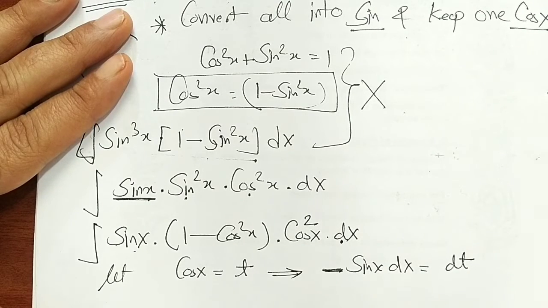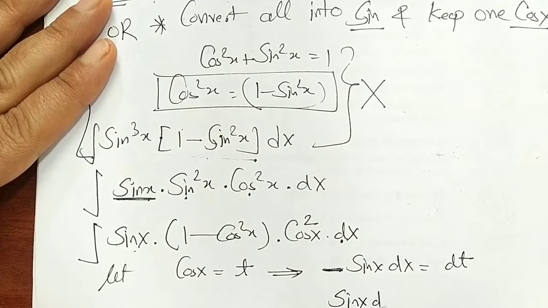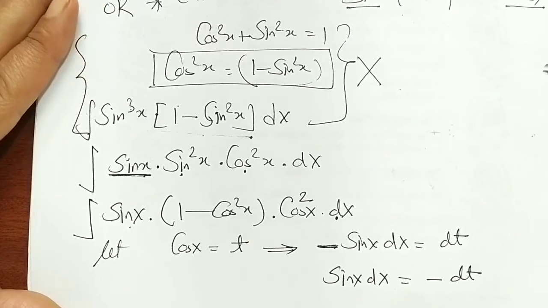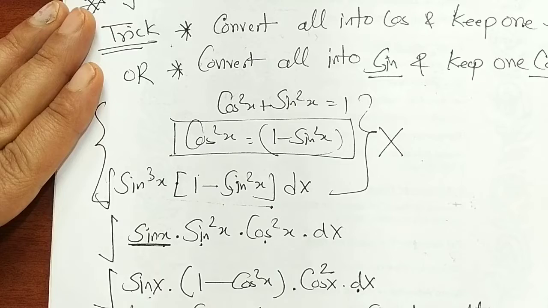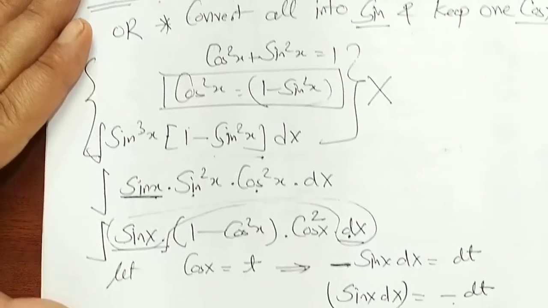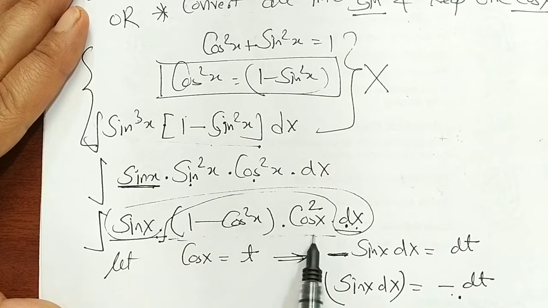So what we can write is, sin x dx is minus of dt. I think you understood. Okay, so in this question now, this whole part, sin x into dx, I will replace by minus dt, and the remaining I will change to t.